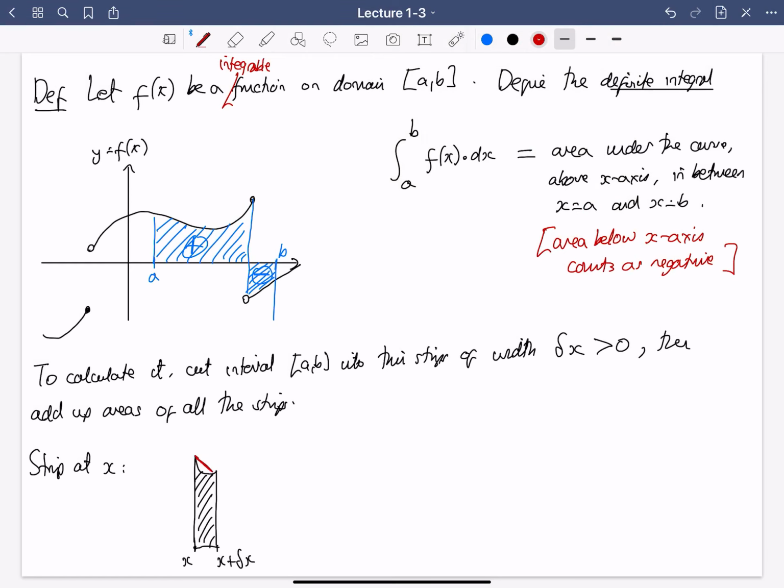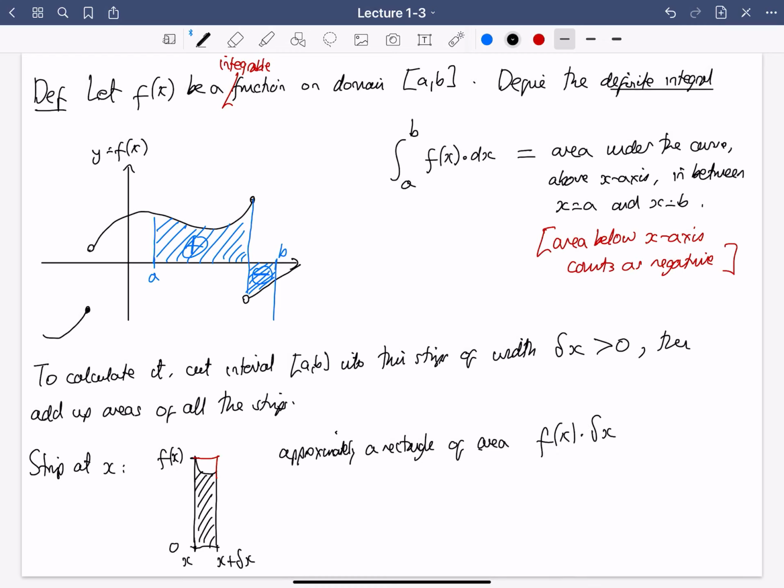But approximately, this is 0, and this is the value f of x, right? So that strip is approximately a rectangle of area, well, the height is f of x and the width is delta x.